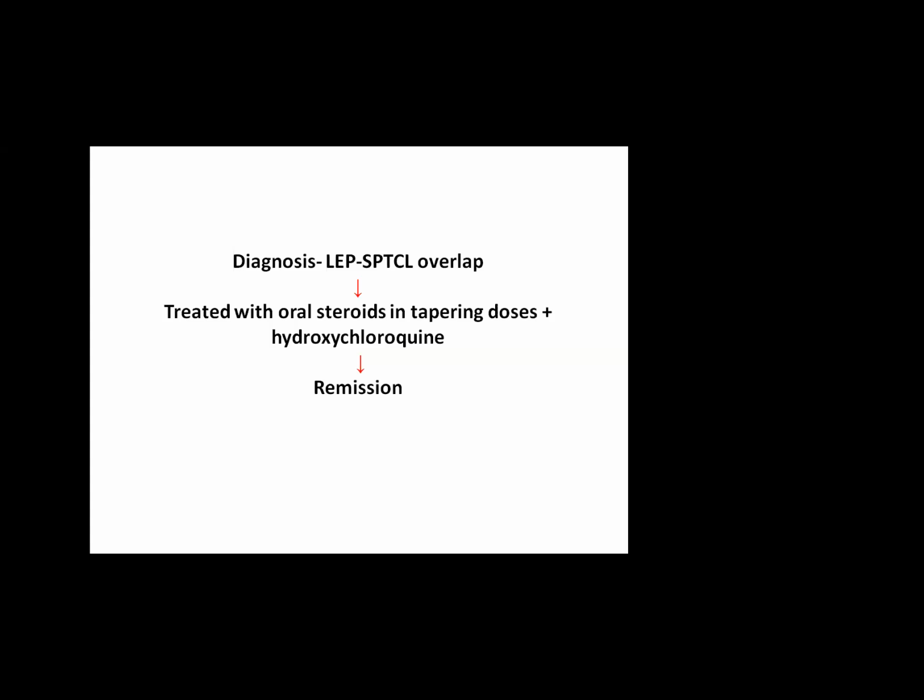This patient was again treated in the same way with oral corticosteroids that were tapered and stopped. Patient was maintained on hydroxychloroquine and again went into remission. So both these stories suggest to us that probably lupus panniculitis and subcutaneous panniculitic T cell lymphoma are two ends of the same spectrum that need to be treated and managed in the same way.